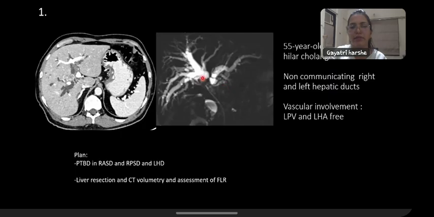And on MRCP images, there is no communication of third duct. It is non-communicating. So this is a case of 55-year-old male with hilar cholangioma, and there was no vascular invasion on the left side, but there was involvement of the segment 4 duct.